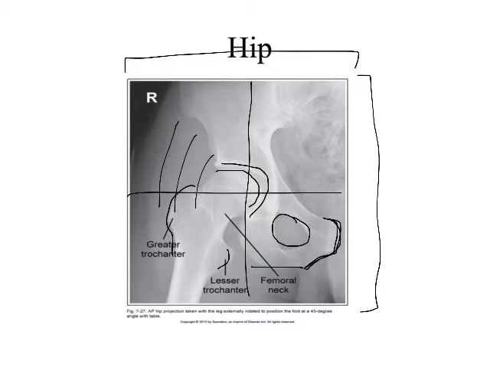What do I know about this patient's position? They're not rotated. So I know that there's no foreshortening or elongation of the joint space right here because I can see through that foramen, right? If I saw that foramen opened a little bit more or closed, I would know that the patient was rotated in one way or another.